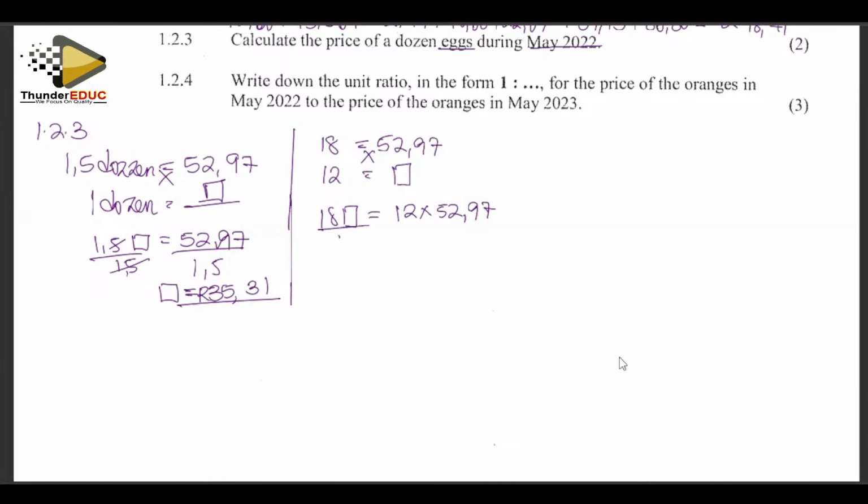Because we want this side of the box, we divide through by 18. And the answer there became 635.64 divided by 18. Still you have the same answer.